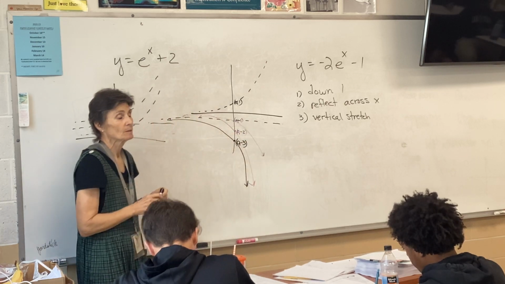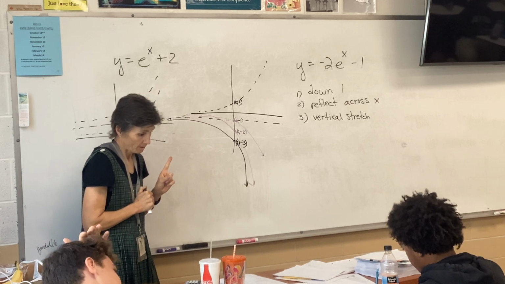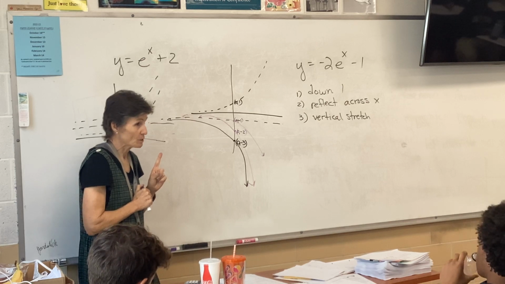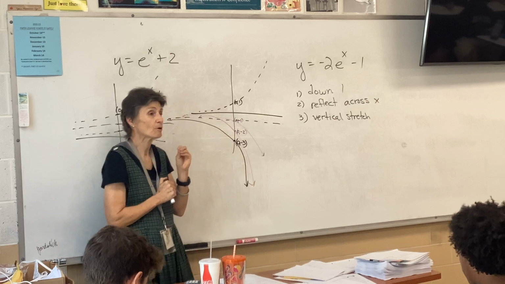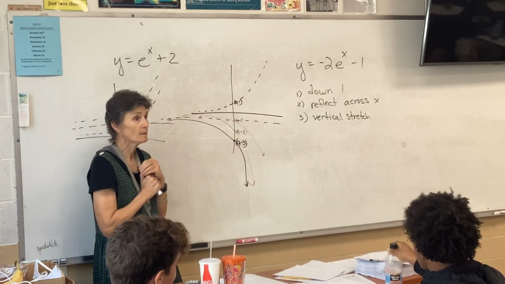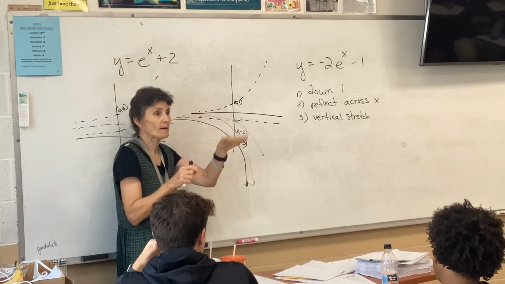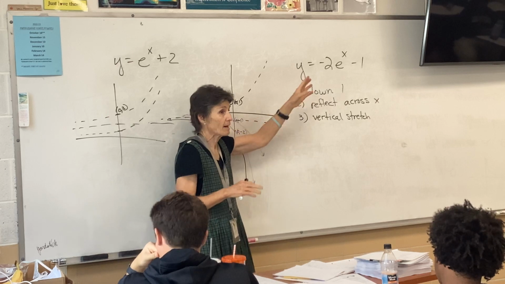So the asymptote on C, would it be 0? On C? No, the whole thing, the entire picture gets dropped down 1. So the original asymptote of every exponential is at 0, right? This one got turned upside down and stretched.